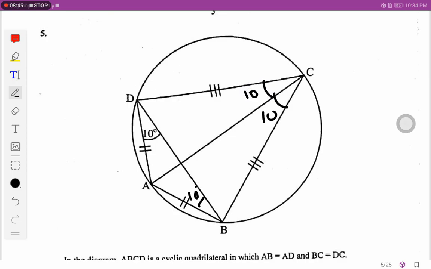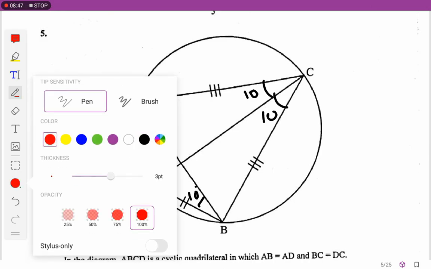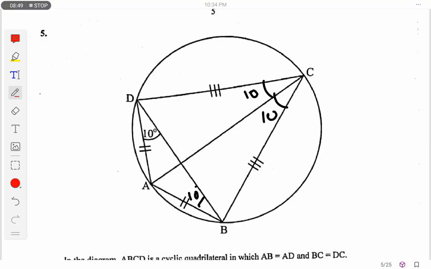So we have 10, 10 there. Now we can say this is a 90 degrees there. So here we have 80 degrees, and also here will be 80 degrees.